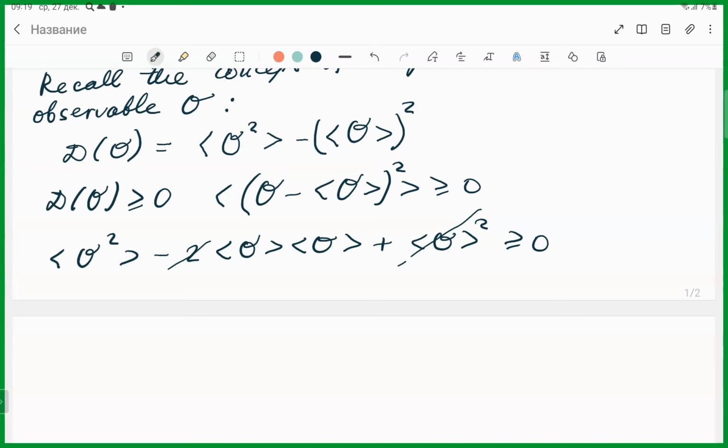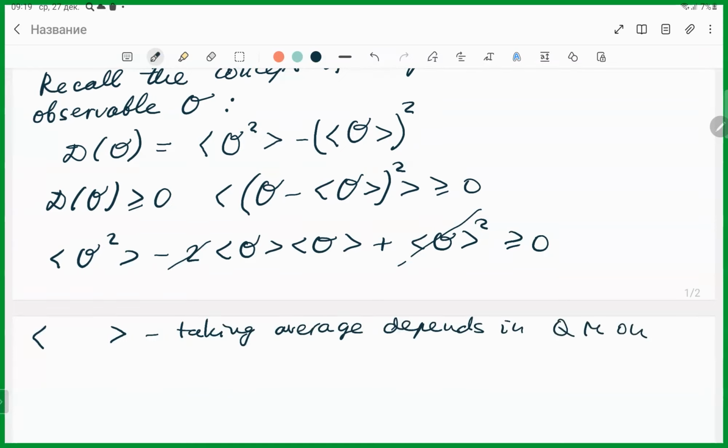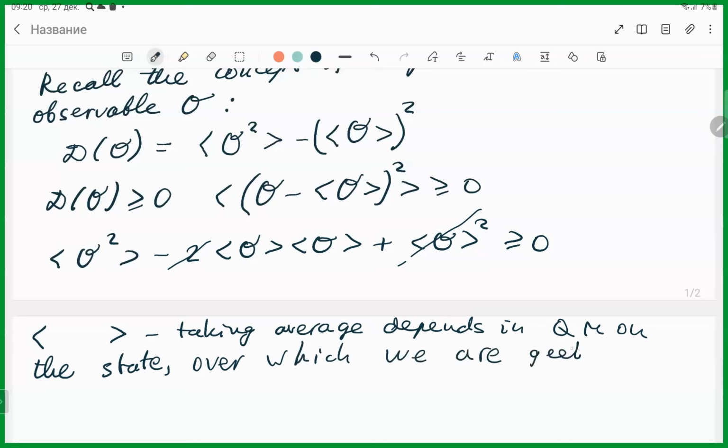Now, taking an average depends in quantum mechanics on the state over which we are getting the probability distribution.